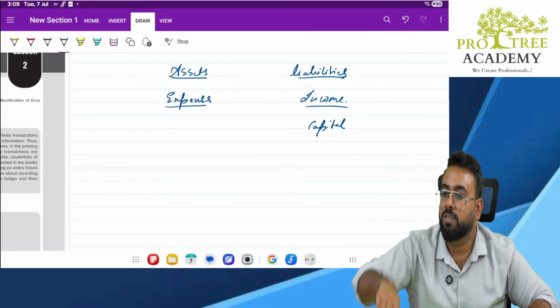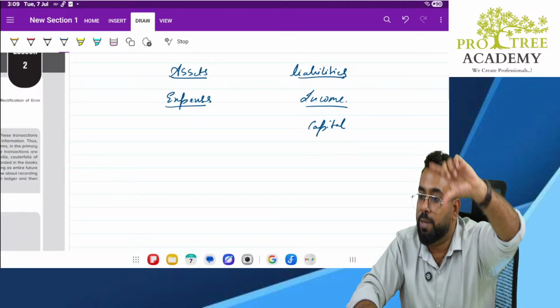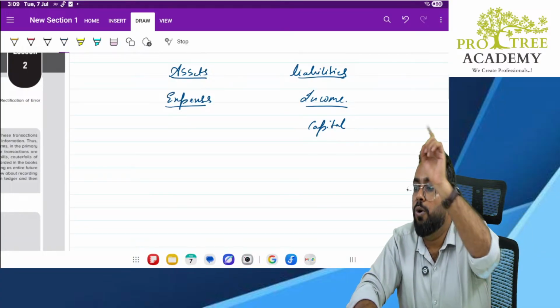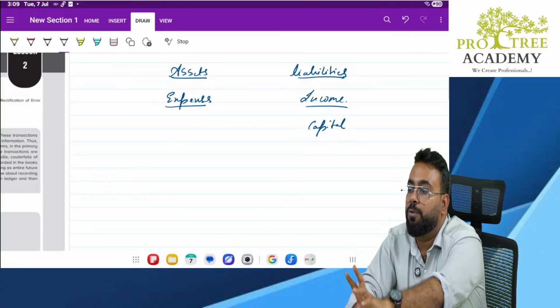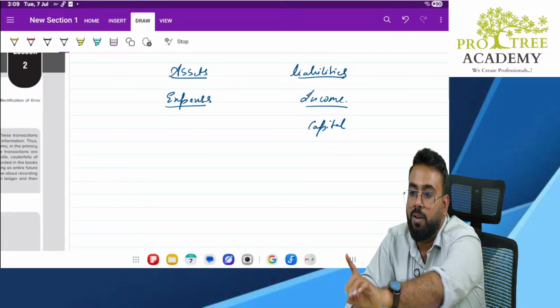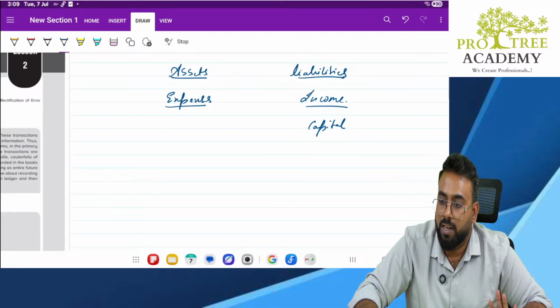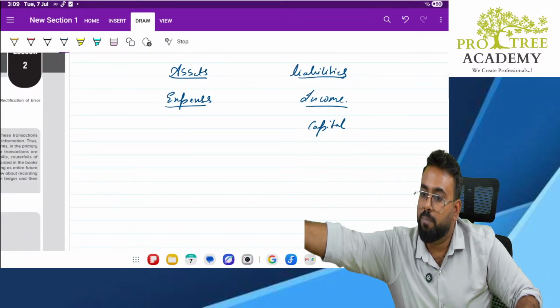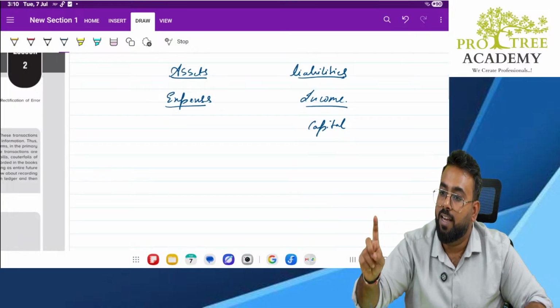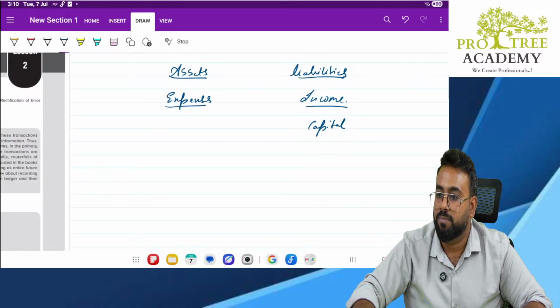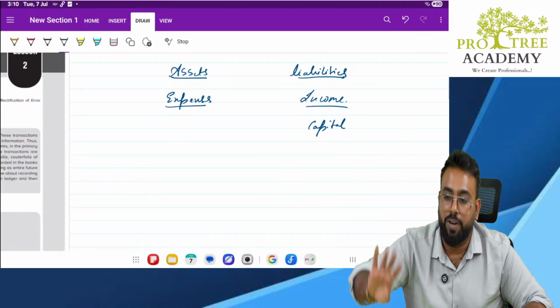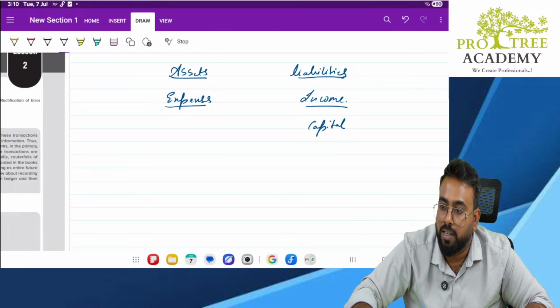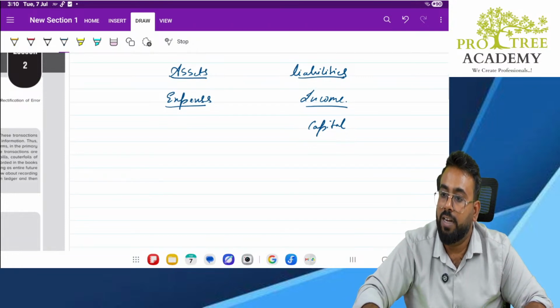That is why they use the words inflow of economic benefit excluding any contribution by the owner. Clear? Because any contribution by the owner is not income. It is a capital contribution. Everybody is following?